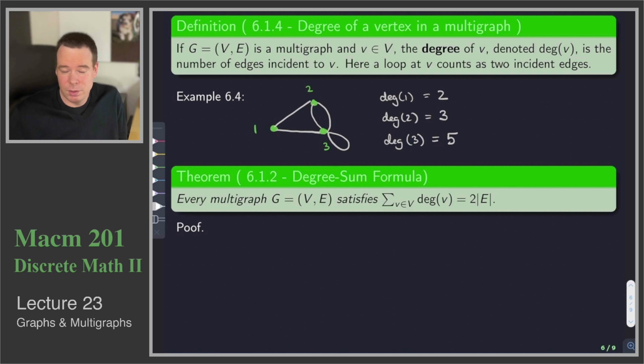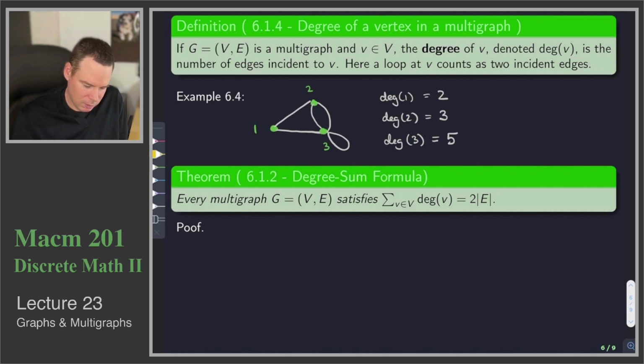Now, why do we define degree in that way, and especially for loops? It's because the next theorem, which turns out to be quite an important theorem that's very useful all throughout graph theory, really just follows from how we've defined the degree. So I'm just going to notice something here with our example.